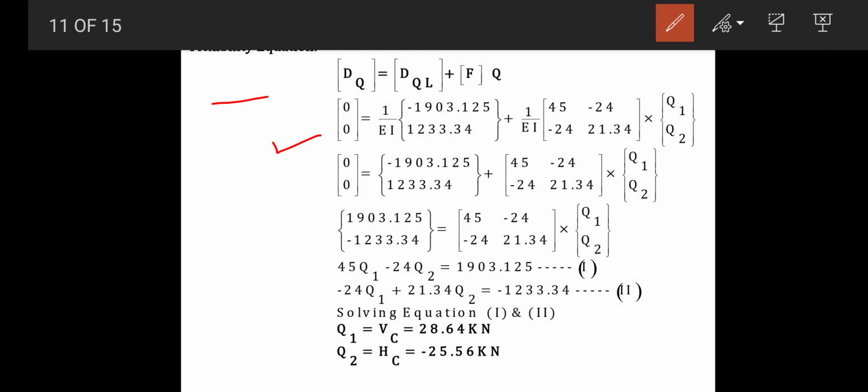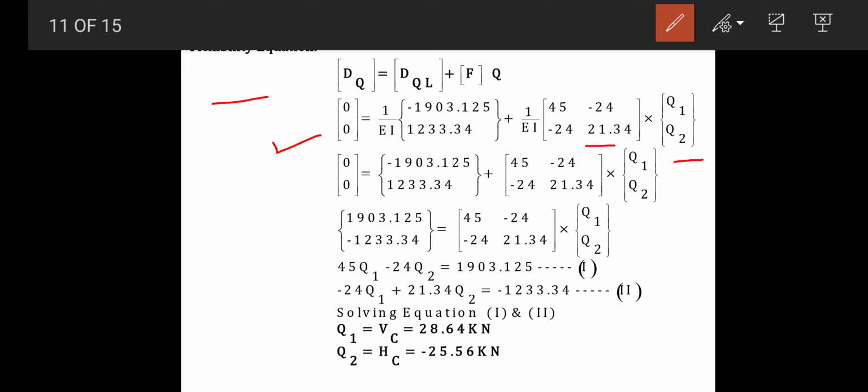So already calculated in a previous lecture, and DQL, the values are like this: minus 1903.125, and second is 1233.34, taking 1 upon EI outside, plus 1 upon EI, 45 and minus 24, and the second column is minus 24 and 21.34, into the unknowns Q1 and Q2.